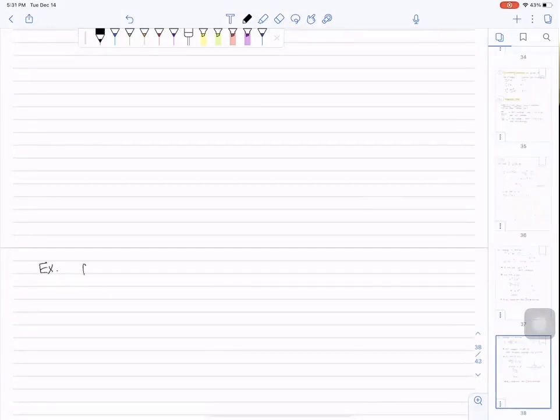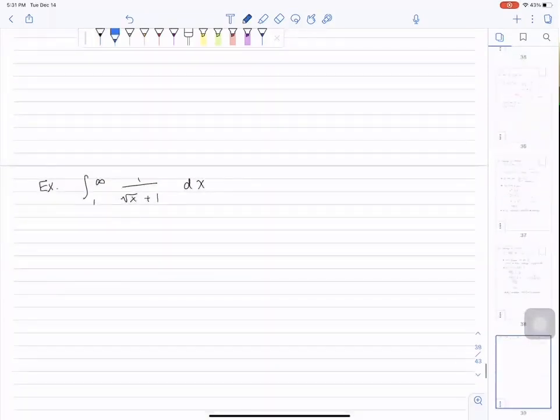So if you had f of x equals, it says converge or diverge: the integral of 1 over square root x plus 1 dx. So you see this integral. Maybe you try doing it the limit way, limit b going to infinity.